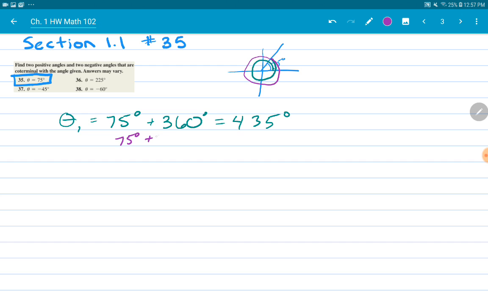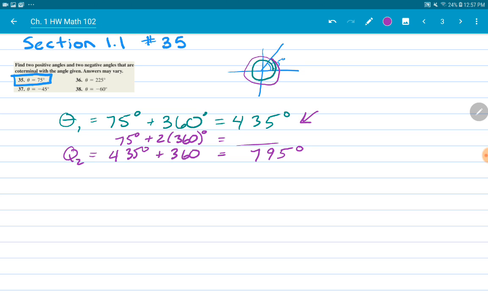You could think of it as just adding a multiple of 360, or 2 times 360, to get whatever that is. Or since we've already done some of the math, I'm just going to start at that 435, since we've already added 360 once. 435 plus 360 is going to give me, and these will give me exactly the same number, regardless of how I decide to do it, 5 plus 0 gives me 5, the 3 and the 6 gives me 9, and the 4 plus 3 gives me 7, so 795.